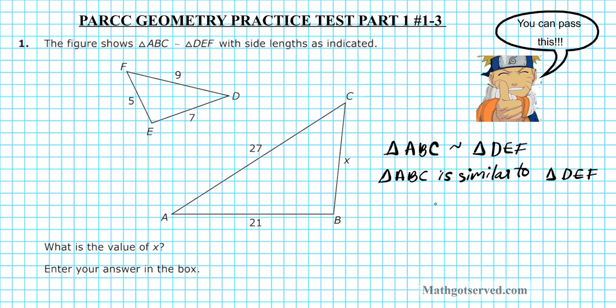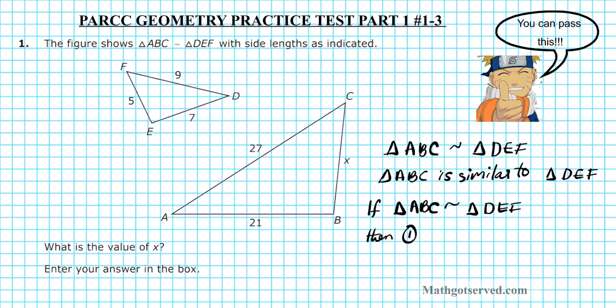Two triangles are similar if corresponding angles are congruent and the ratio of corresponding sides are in proportion, okay? So let's go ahead and write down that remark real quick. If triangle ABC is similar to triangle DEF, then we have two conditions.